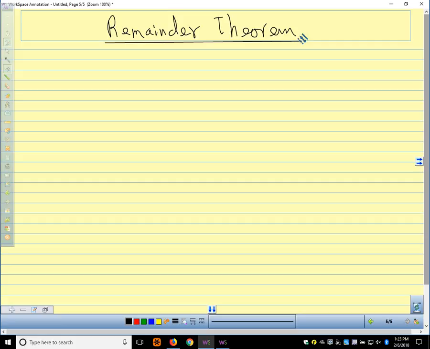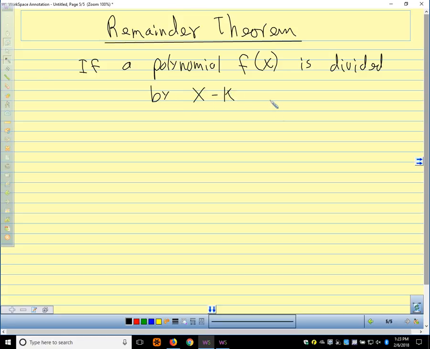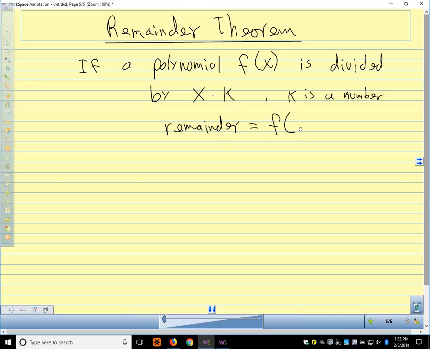The remainder theorem tells us that if a polynomial f of x is divided by x minus k, where k is a number, then the remainder equals f of k.